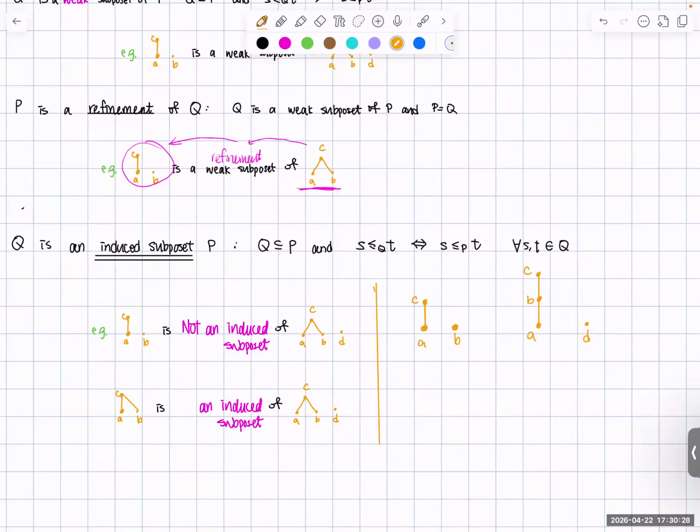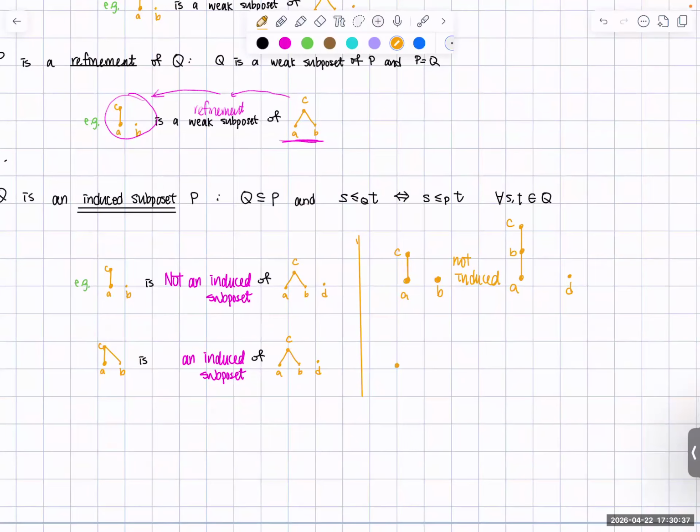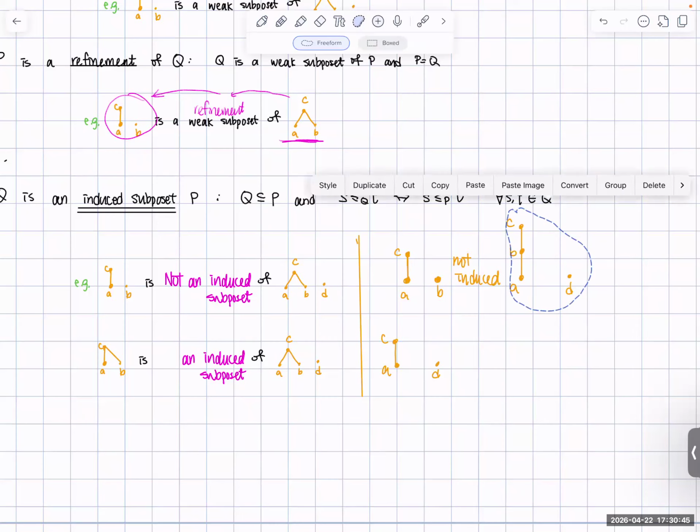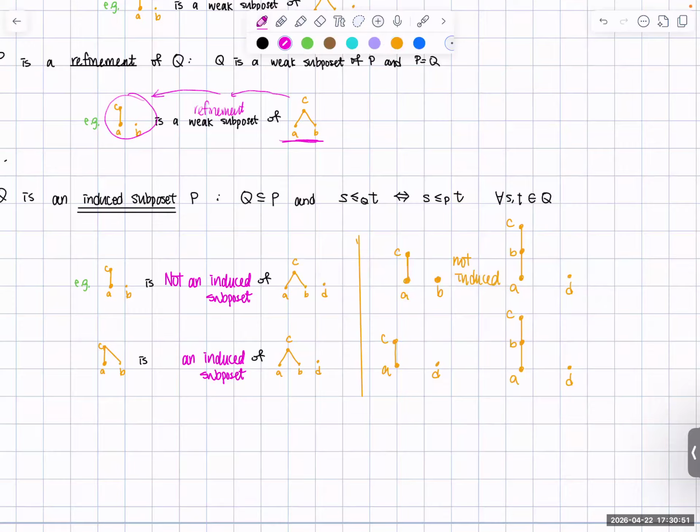So it's not induced, but it is a weak subposet. But if I change this to A, C, and D, with the same thing on the right-hand side, then it is. Even though I don't have an actual line that links A and C, the relation is actually there. A and C are comparable, with C bigger than A, and you have a D here, so this is induced.